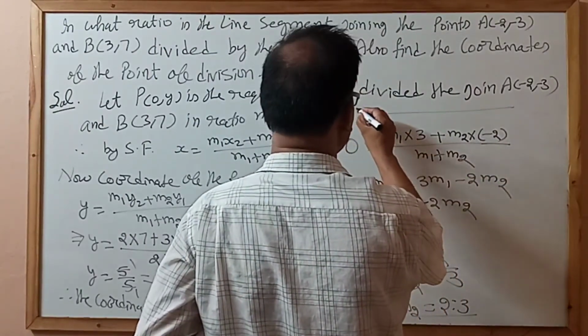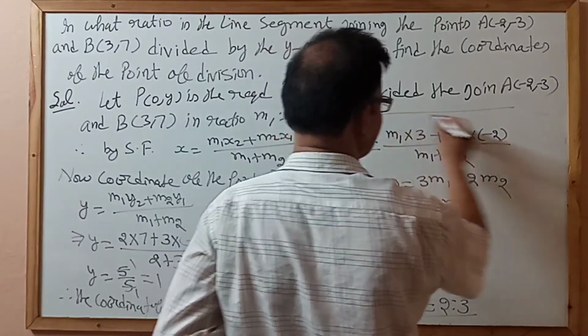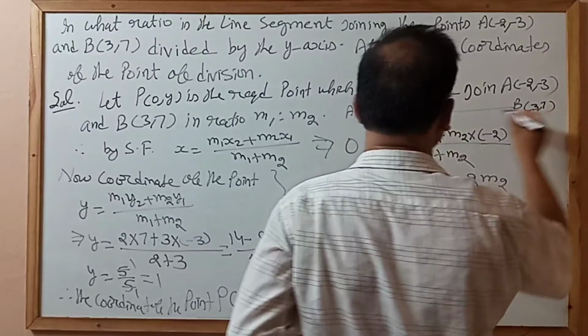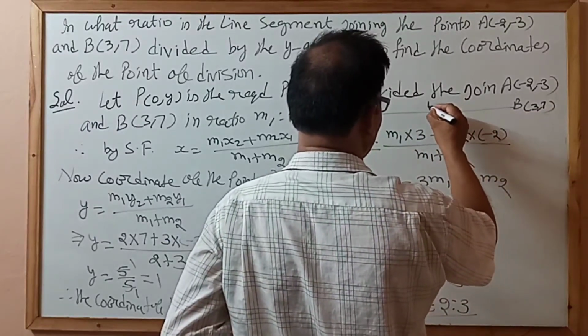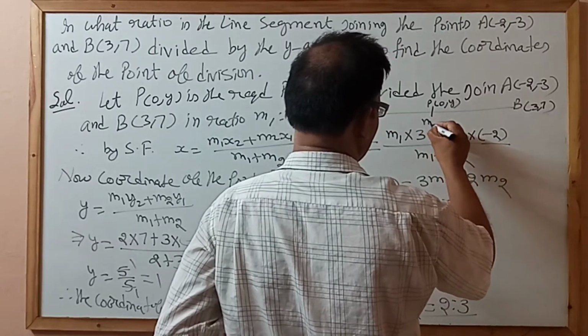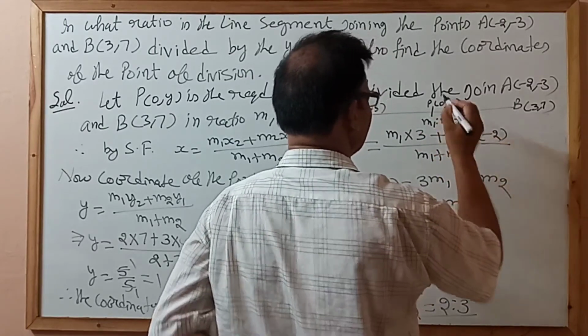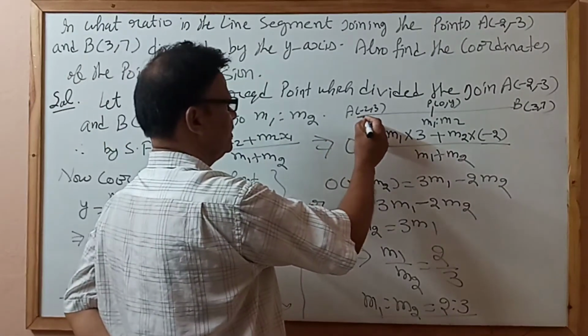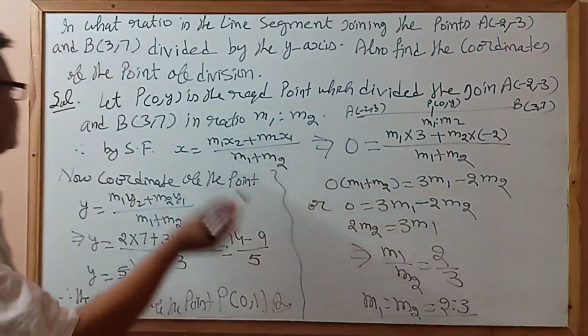Here point A is (-2, 3) and B is (3, 7), and we take point P here, that is (0, y), in ratio m1 ratio m2. So first of all we will draw the figure, and now we start the sum.